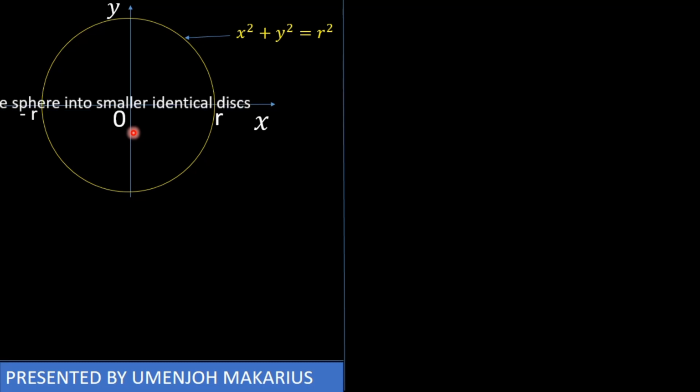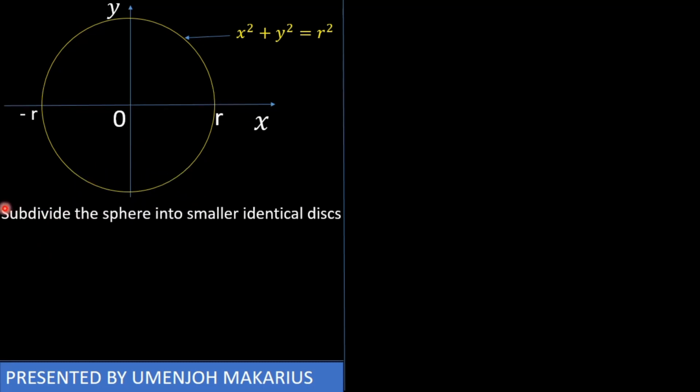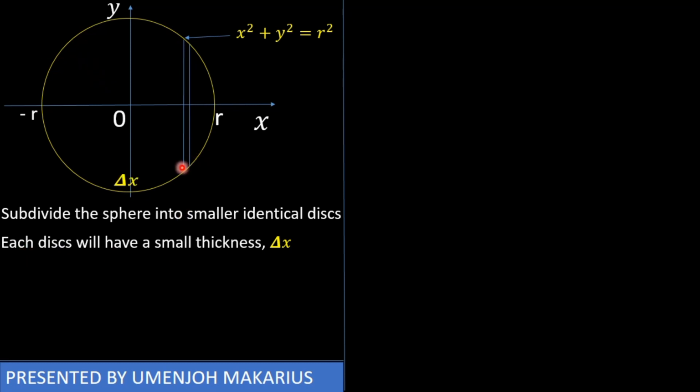Great. So like I said, we are going to subdivide this sphere into identical disks. Let's subdivide. We have just these few divisions here, and we are going to call the small thickness of each division, or change in the x values, delta x.